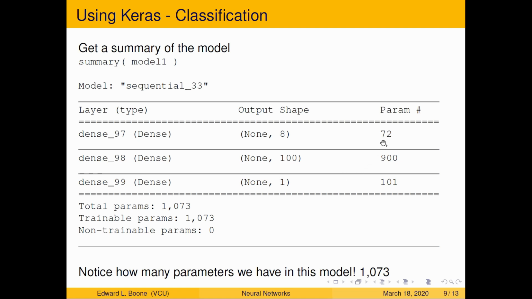And notice the parameters. We have 72 parameters here, 900 parameters here, and 101 parameters here, for a total of 1,073 parameters. That's a lot of parameters. So just keep that in mind when you're fitting these things. A simple logistic regression would only have like 9 parameters versus over 1,000.